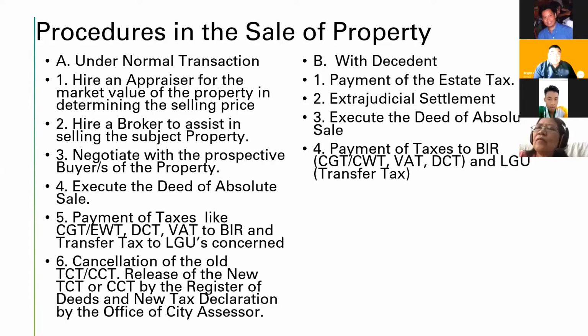Then the Register of Deeds will issue what we call the CAR, Certificate Authorizing Registration. Then the new title is being released. But it will take around 2 months to 6 months, more or less.